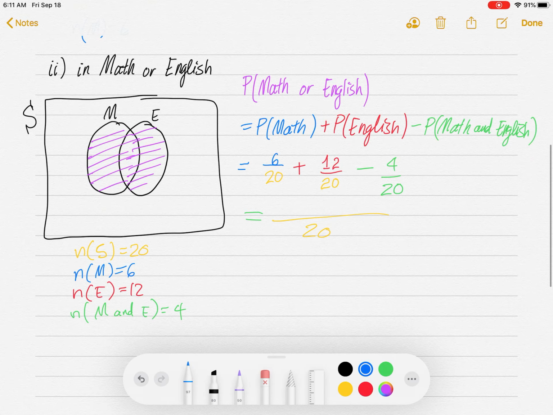And on top, I'm going to have, what, 6 plus 12 minus 4. And I do that arithmetic up top. I leave the 20 on bottom. 6 plus 12 is 18. 18 minus 4 is 14. So we got 14 out of 20. 14 divided by 20 is, I believe, 70.7.